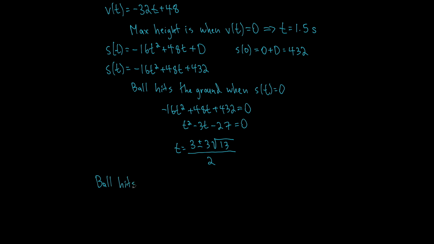Ball will hit the ground after 3 times 1 plus rad 13 over 2 seconds, which is about 6.9 seconds. Notice we reject that negative value because we're not time travelers.